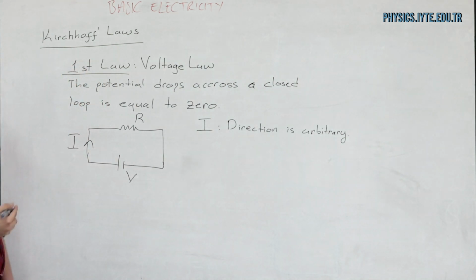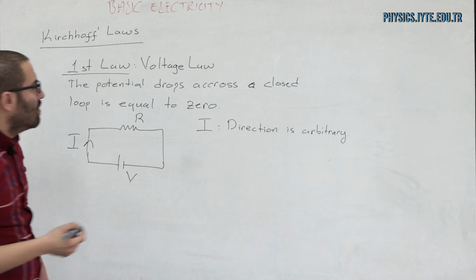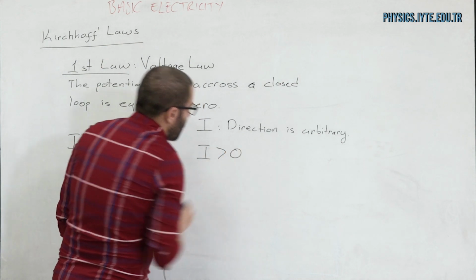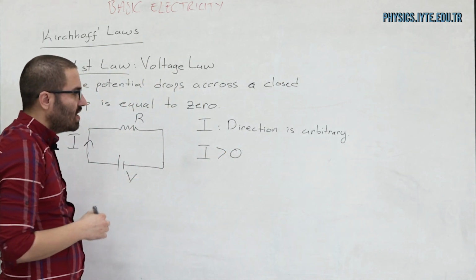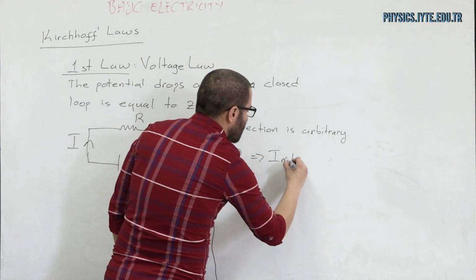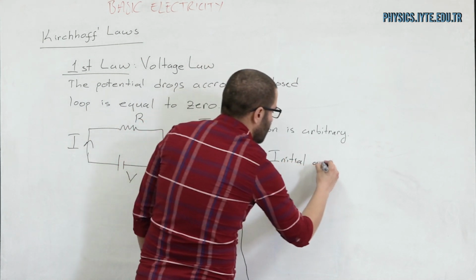If, after applying the voltage law and solving the equation that comes after, what we find is the current value is bigger than 0, then our initial assumption is correct.